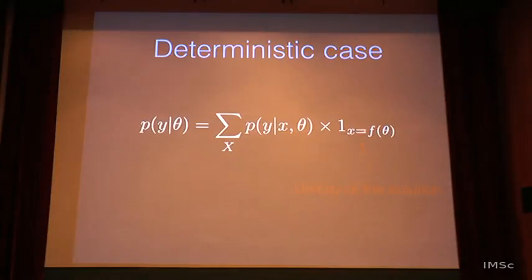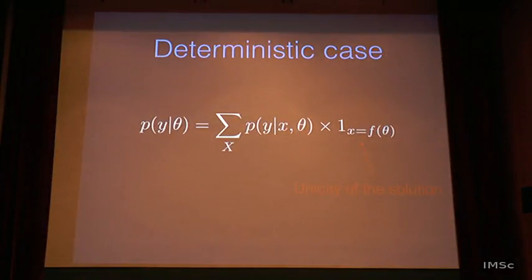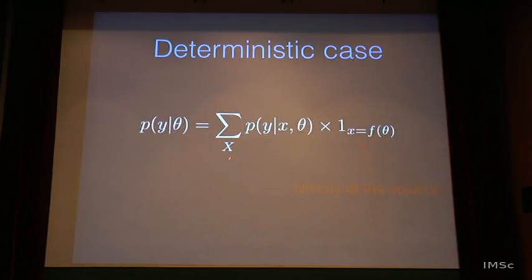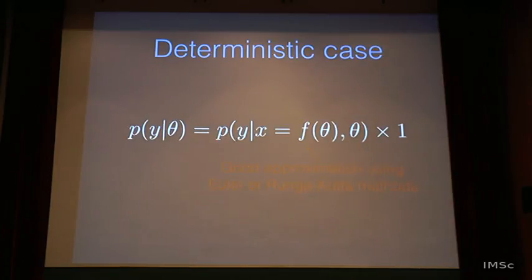So you get the simplification that you have a Dirac on the solution of your deterministic model. So then you don't need to sum anymore over all the trajectories. You need only one. So you can simplify. And so you just need to compute the probability of the data given the only trajectory generated by your model.